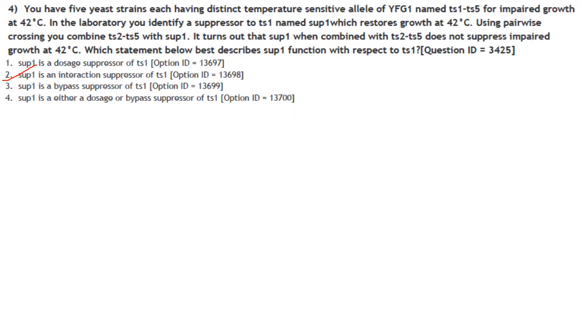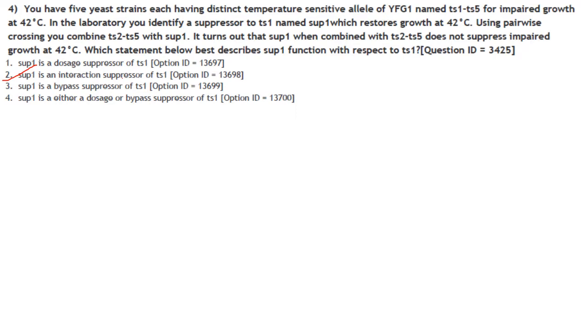So suppressor 1 is an interaction suppressor because a mutation in one protein disrupts the interaction, but a mutation in the second protein restores the interaction. So if TS1 has impaired growth at 42 degrees Celsius, but when suppressor 1 is interacting with it, it restores growth at 42 degrees Celsius. So it is an interaction suppressor.